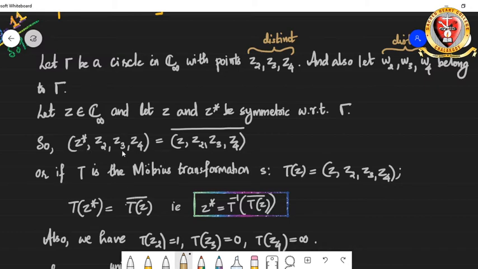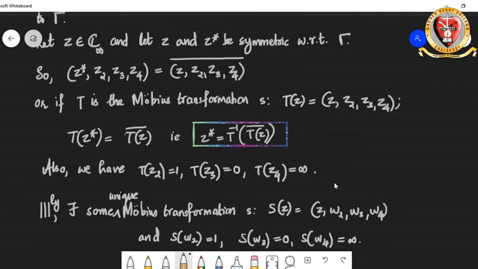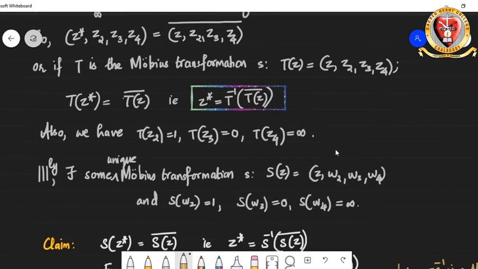And also we said that the same condition can be rewritten in a function kind of manner. So that is nothing but T of Z star is equal to T of Z the whole bar. Okay, so that is nothing but Z star is equal to T inverse of T of Z the whole bar, right? So here, definitely we know that Z2, Z3, Z4 will map to 1, 0 and infinity.